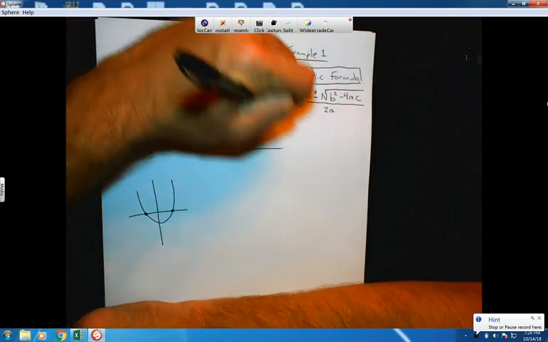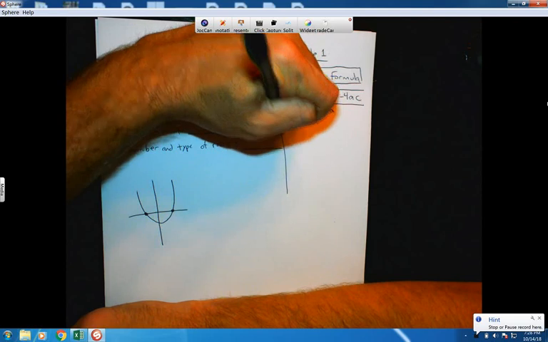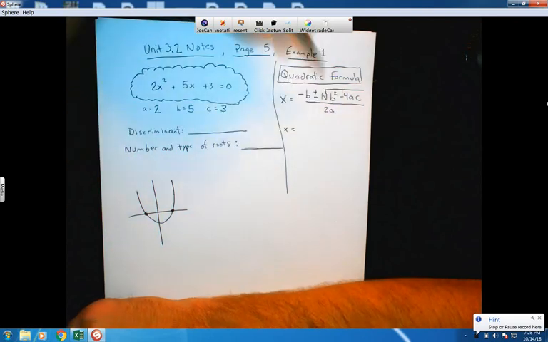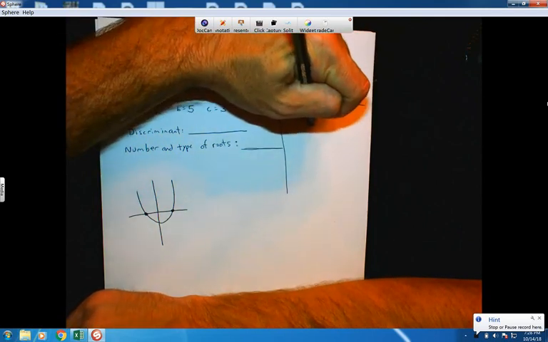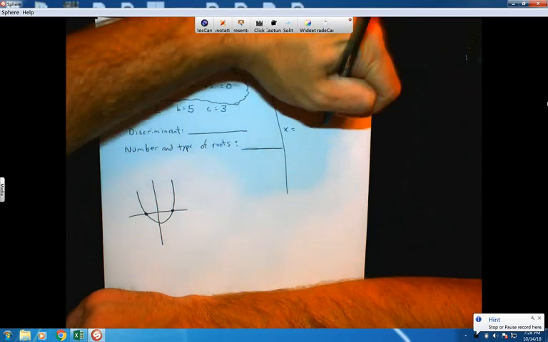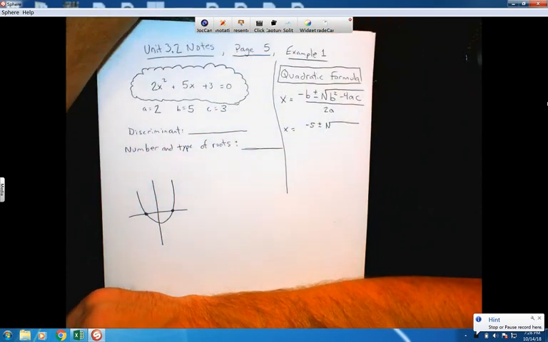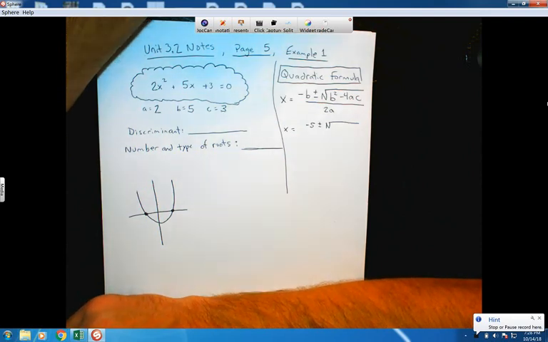So here we go. x equals the opposite of b. b is 5, so the opposite of that is negative 5. Negative 5 plus or minus the square root of b squared minus 4ac.